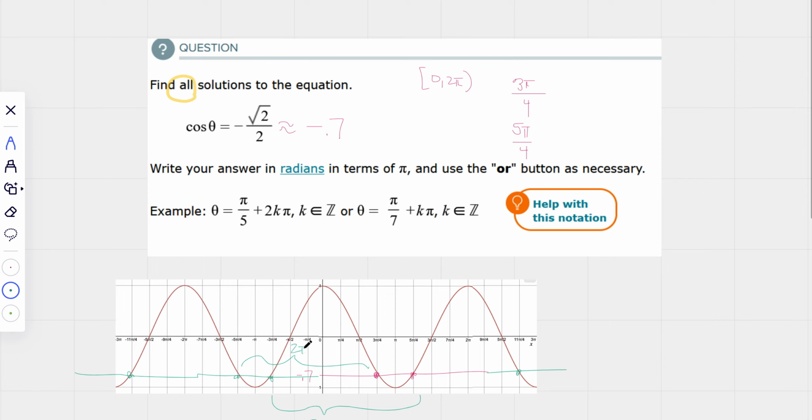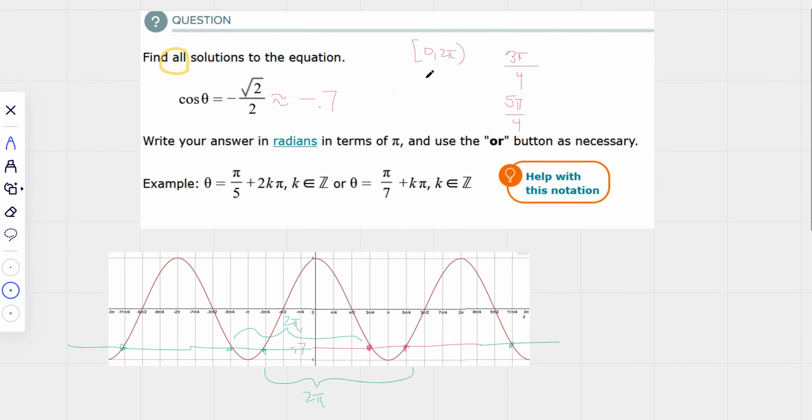To represent the entire set of all solutions, we say here's one solution, and then we add this adder that says every 2 pi units, we're going to get another solution. So we say plus 2 pi k.